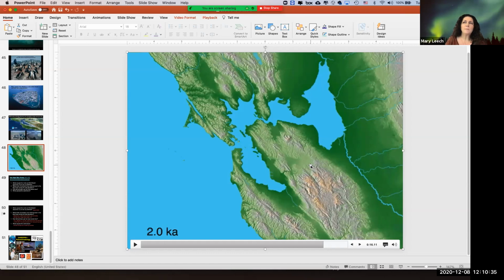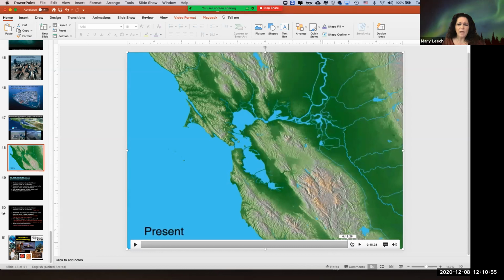Does that mean global temperatures were warmer or colder? Well, if there's more water, that means the glaciers are melting, meaning that temperatures are rising. Yes, exactly. Thank you.